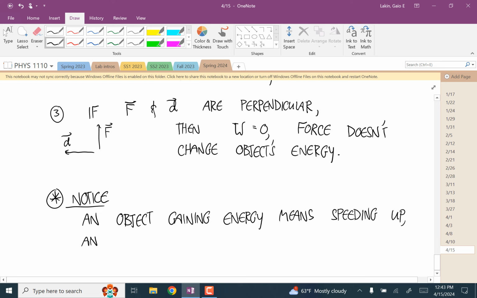And an object losing energy means it's slowing down.